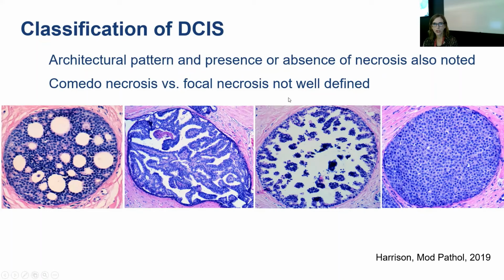We also document the architectural pattern and the presence or absence of necrosis, whether comedo necrosis or focal necrosis, and this distinction is not that well defined either. So we can have cribriform, papillary, micropapillary, and solid patterns of DCIS.